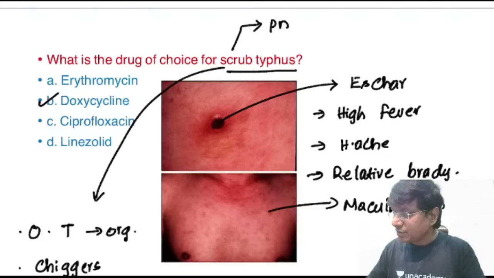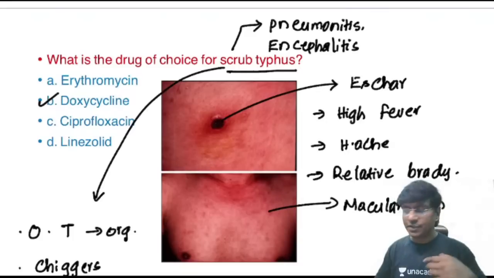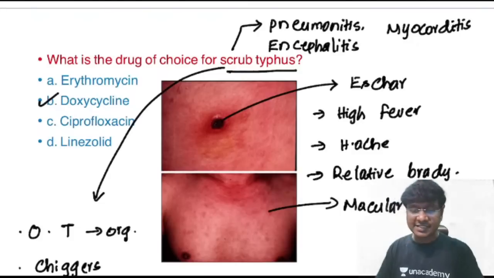There can be development of pneumonitis, where there is involvement of the lung. Next, there will also be involvement of the brain, in the form of encephalitis, and involvement of the heart, in the form of myocarditis. So these are the important clinical features of scrub typhus.